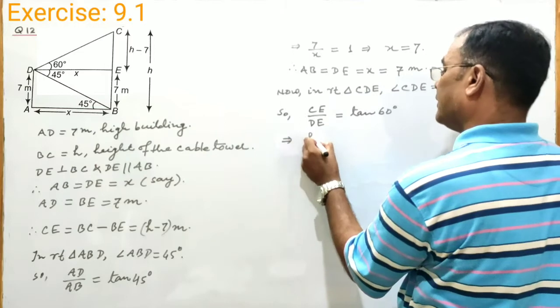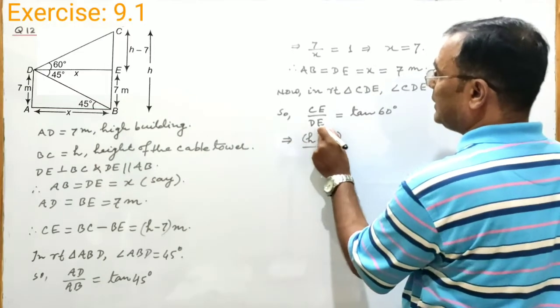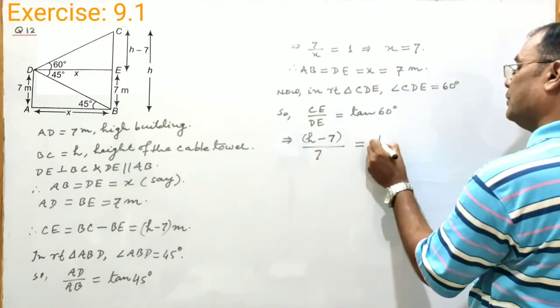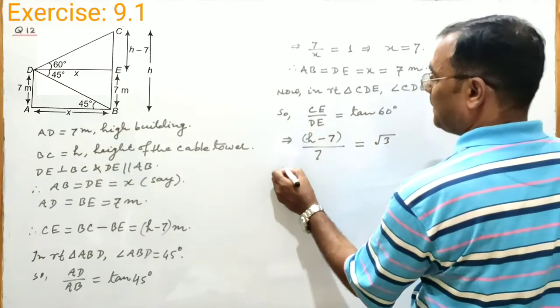CE is H minus 7, by DE which is 7 meter, equal to tan 60 degree value root 3.